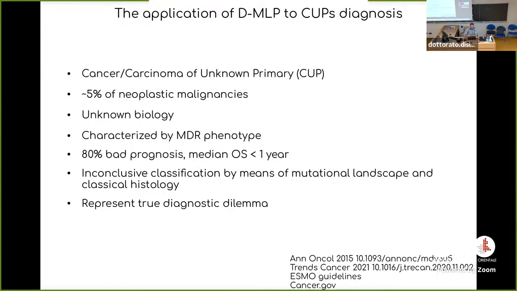These tumors represent a diagnostic dilemma for pathologists, mainly because they are highly undifferentiated, and because sometimes the neoplasia are found in different tissues at the same time. So pathologists do not know if they're dealing with different metastases of an unknown primary, or if those are two primaries occurring at the same time.